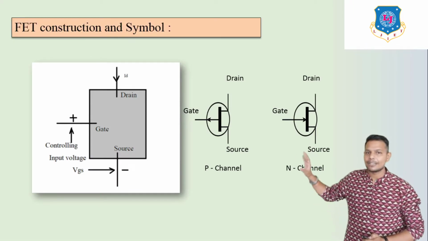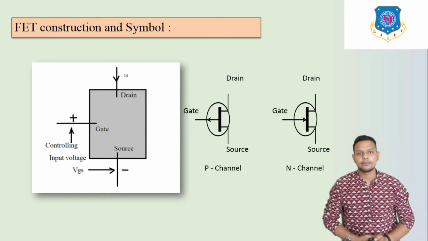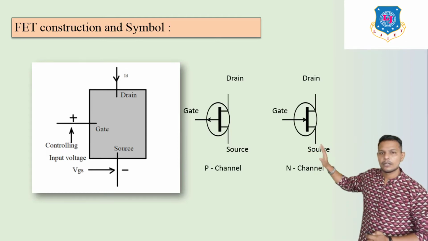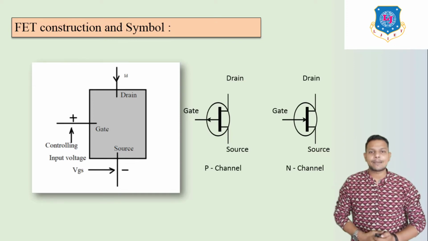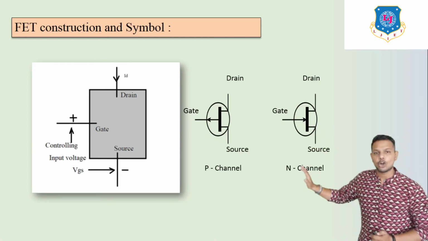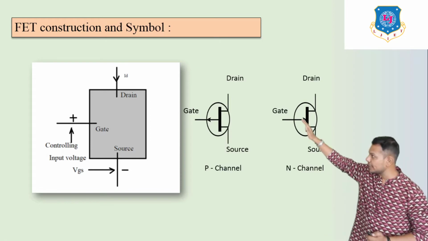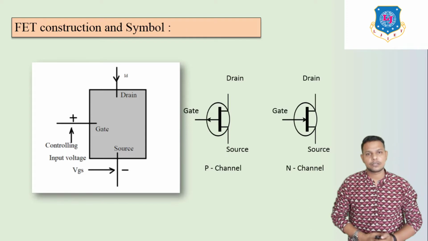Here we can see the FET construction and its symbols. As we discussed in BJT, there are three different terminals: base, collector and emitter. Similarly here in FET, there are three terminals, known as drain, gate and source.